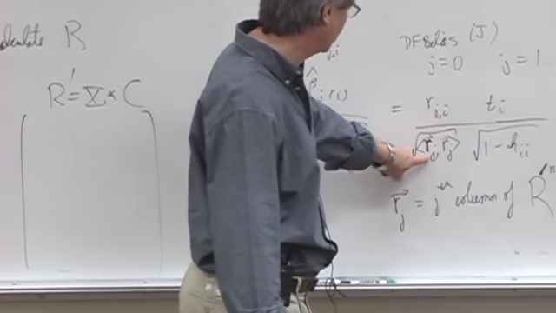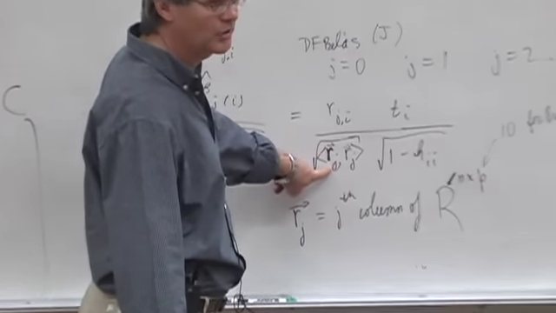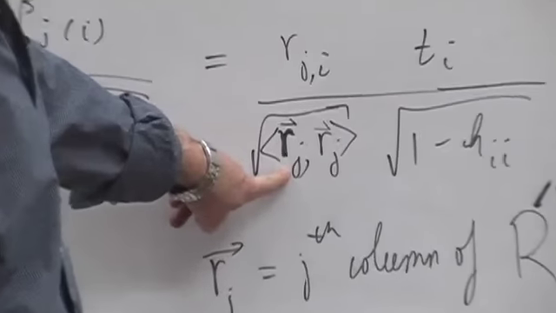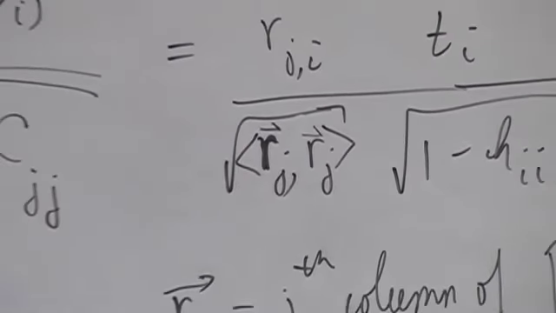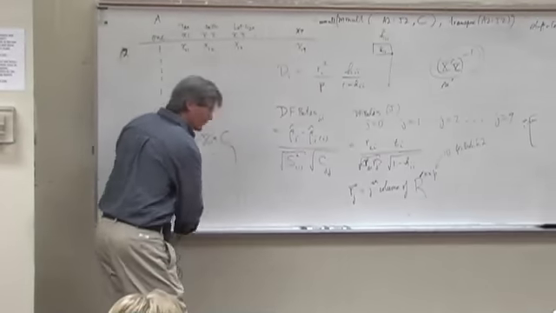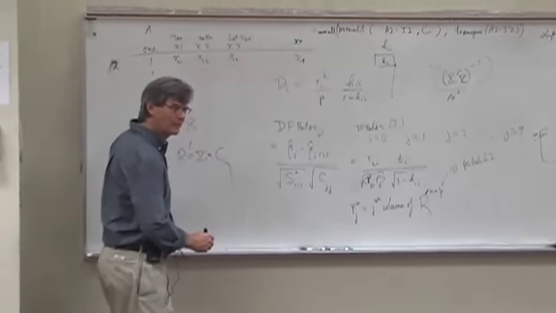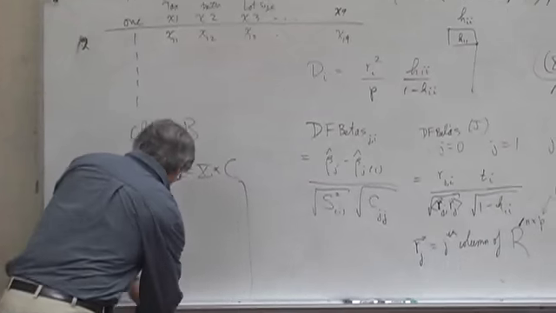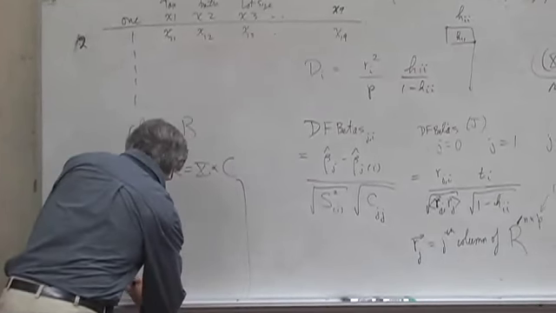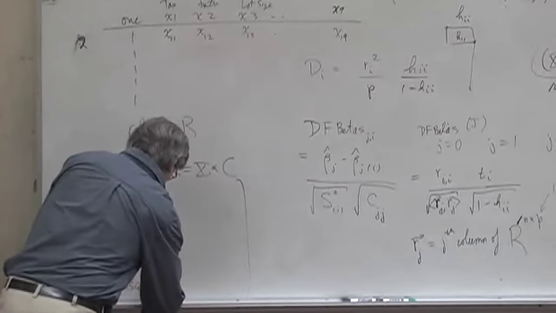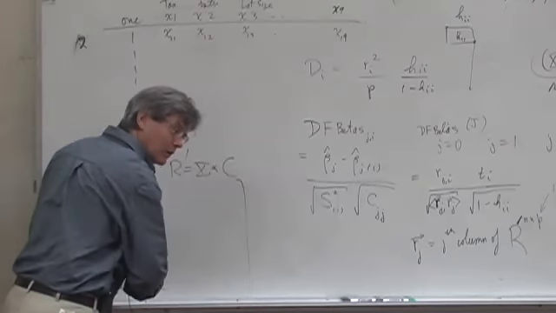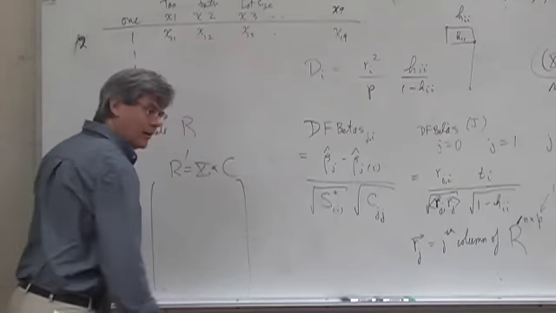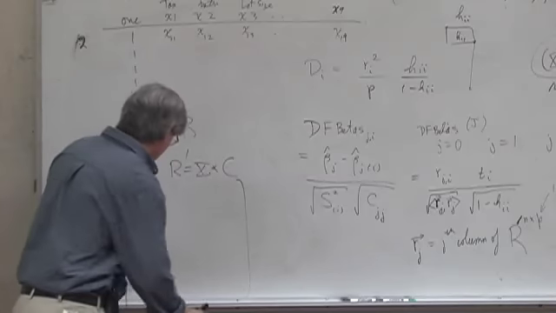Now, how am I going to get this C_jj? I can get the C_jj either from my reference or it's kind of magically the sum of the squares of the entries in this column. So if I take the sum of the squares of this column, the jth column, I'm going to get C_jj.